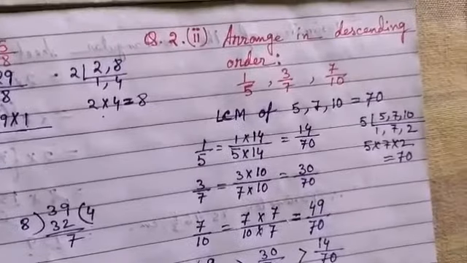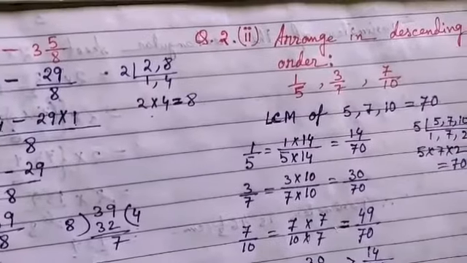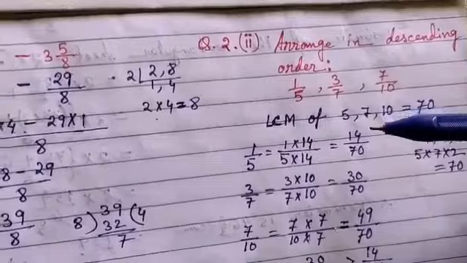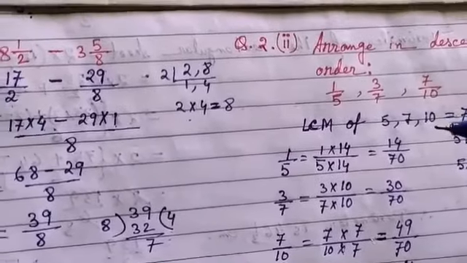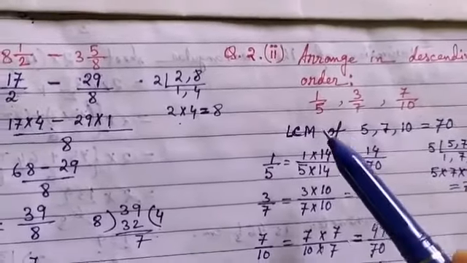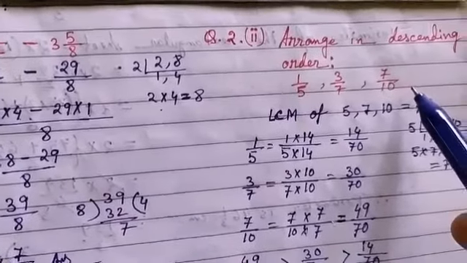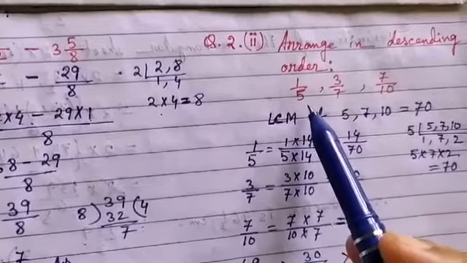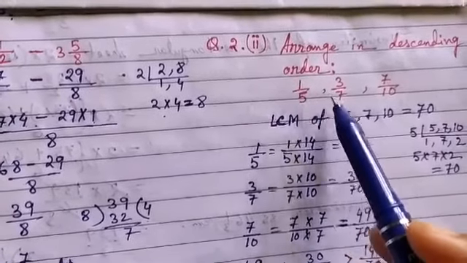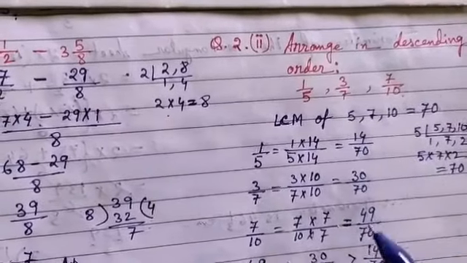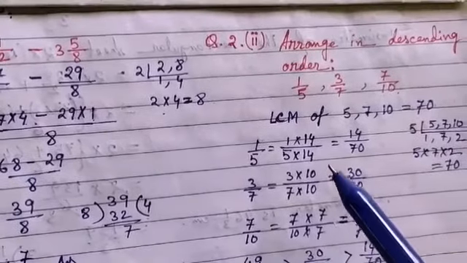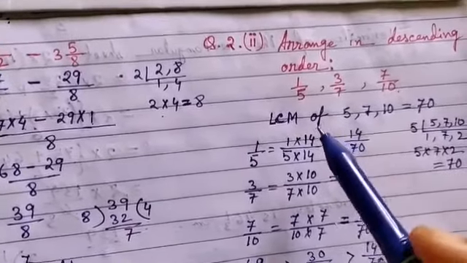Then question number 2. Here we are arranging the fractions in descending order. The fractions are 1 by 5, 3 by 7 and 7 by 10. That means we have to make all the denominators the same. The process I discussed in the introduction part.